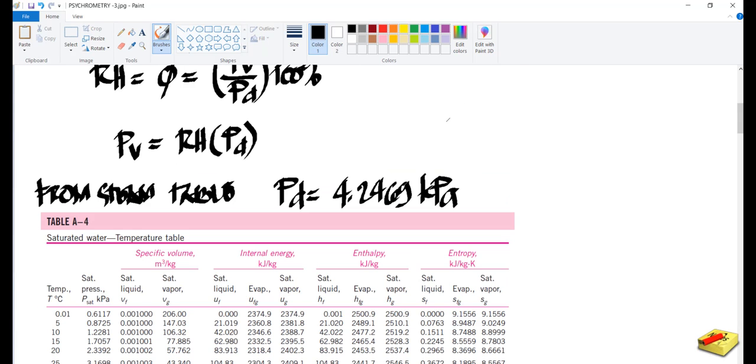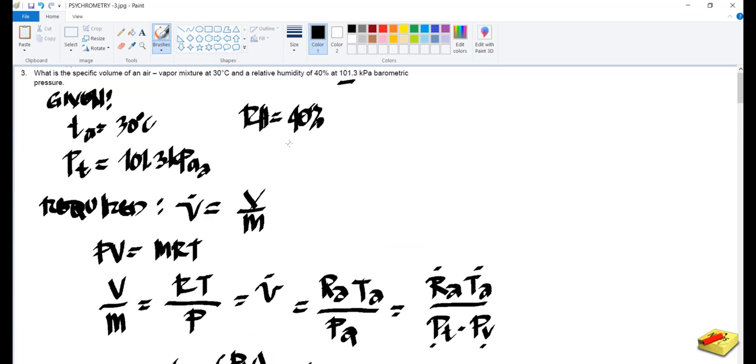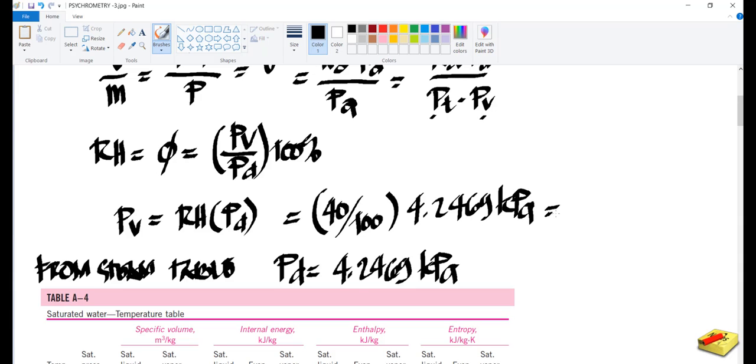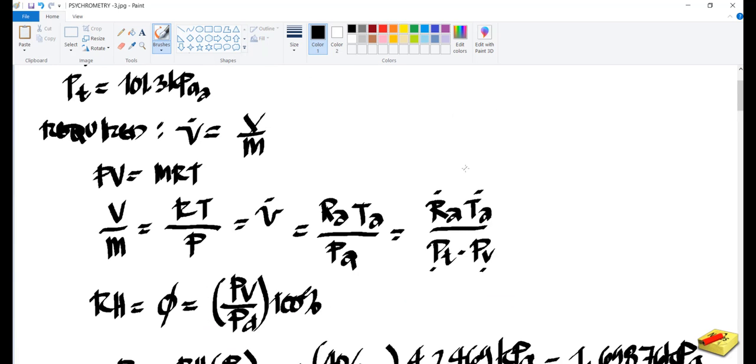Then substituting it into our equation, the relative humidity is 40%, so 40 divided by 100, multiplied by 4.2469 kPa. So we have the value of 1.69876 kPa. Okay, so we have the partial pressure of vapor now.